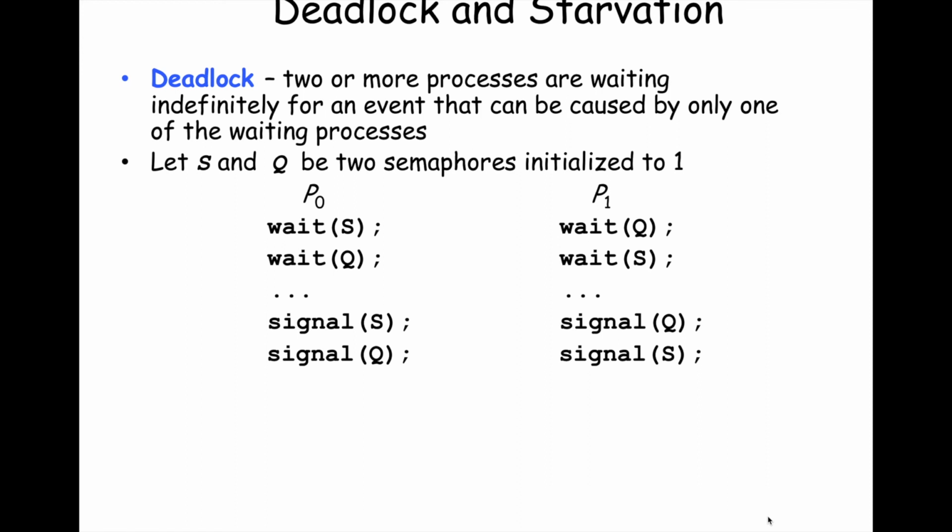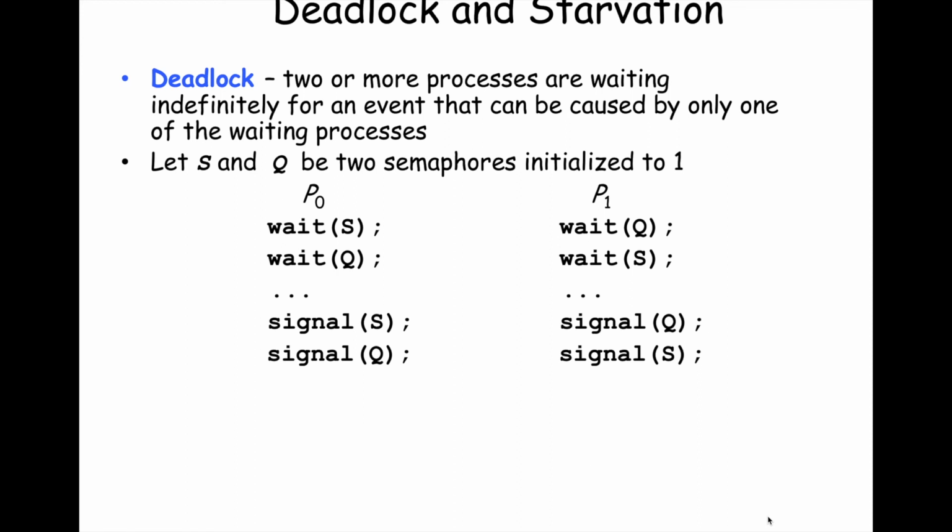So after that first line that P0 executes and P1 executes, S is 0 and Q is 0. So now P0 calls wait on Q, right? And because it was initially 1 when they both did the first waits, they're allowed to proceed. So when P0 calls wait on the Q semaphore, at that moment Q is 0 because P1 already called wait on Q, right?